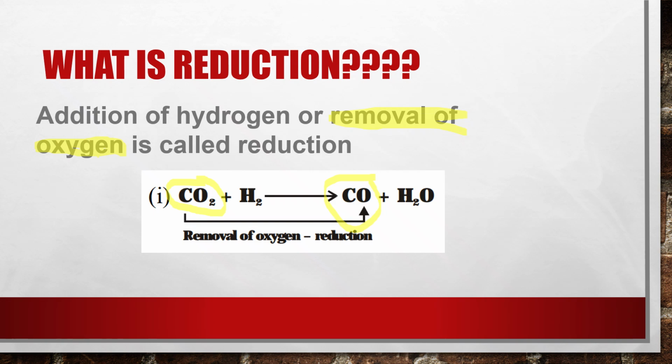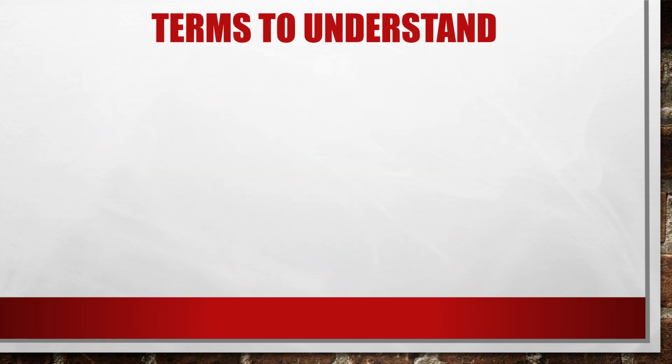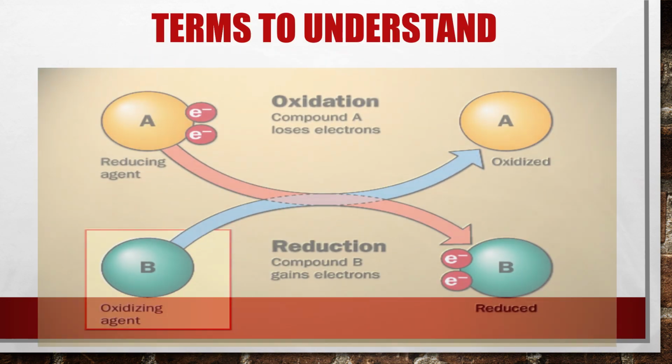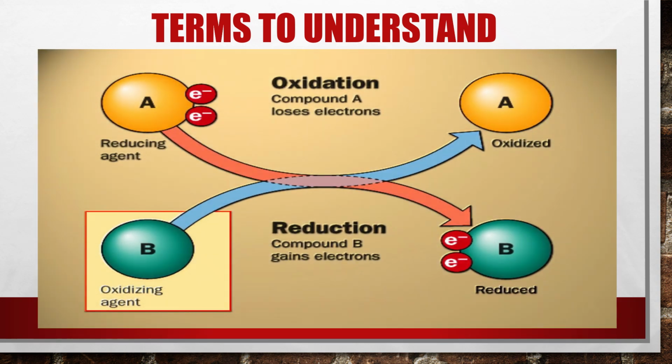Okay. Now moving towards our terms to understand. Oxidation and reduction are completely related to two other topics, that is reducing agent and oxidizing agent. And as I'm telling you this, there is no similarity between oxidation and oxidizing agent.